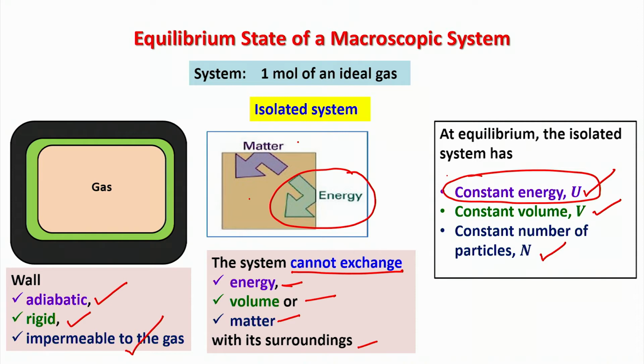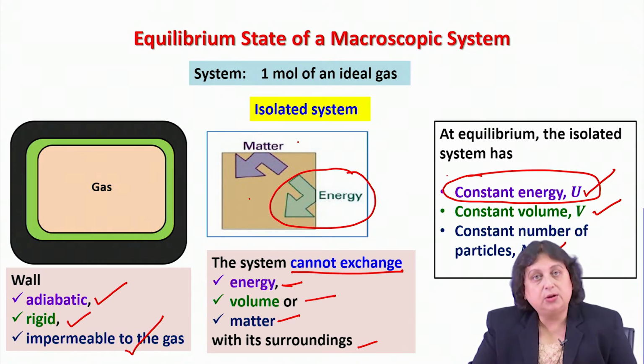Therefore, I can characterize the equilibrium state of the system by specifying that U, its internal energy, has some kind of a constant value. V, the volume of the gas, also has some kind of a constant value. And the number of particles, N, is also constant.